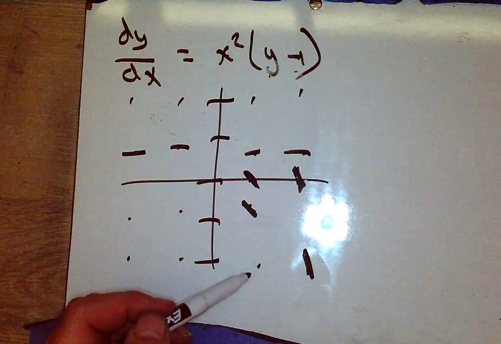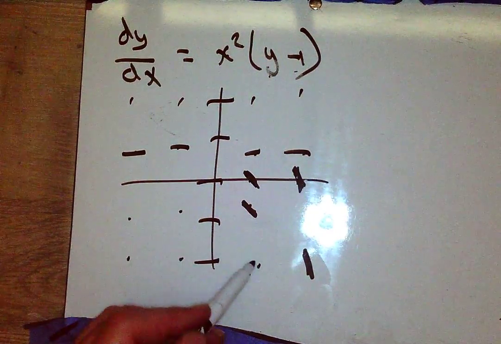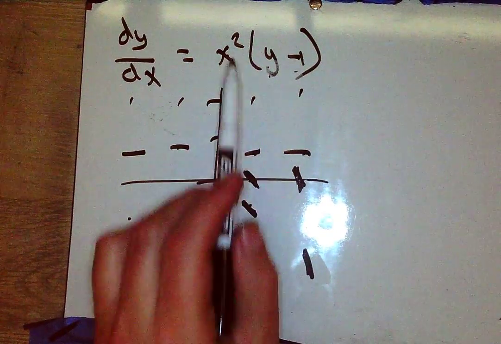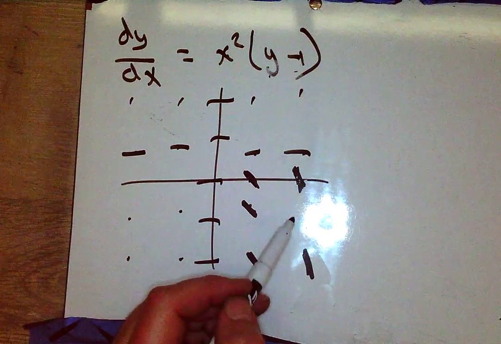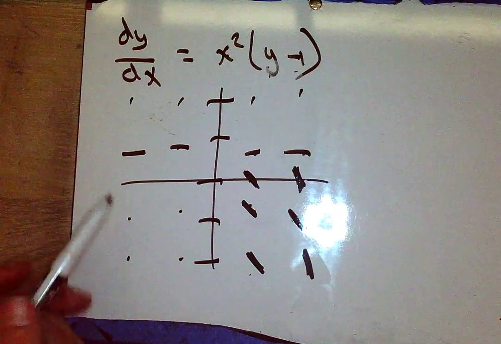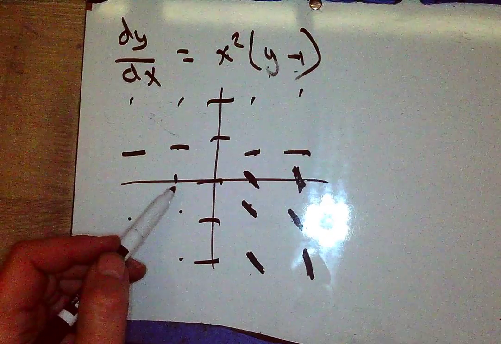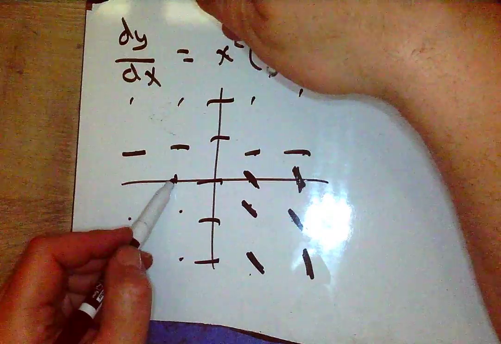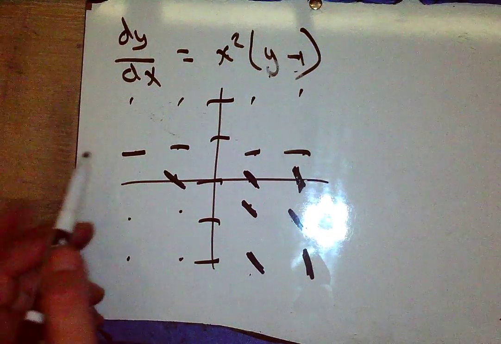Okay. Here, 1, negative 2. Negative 3. And 2, negative 1. Minus 2 times 4 times 8. Okay. Negative 1, 0. No. X is negative 1. So it's 1 times negative 1 is negative 1.